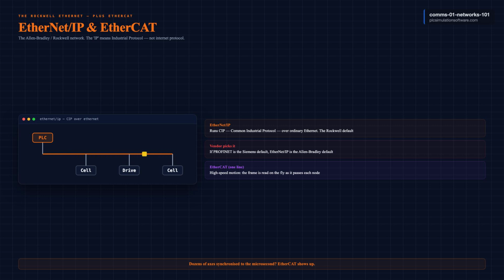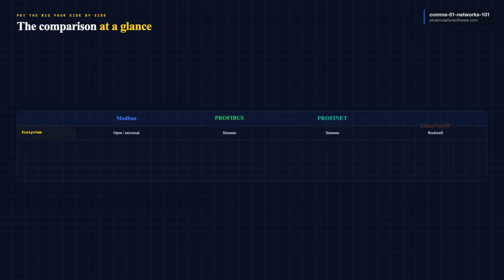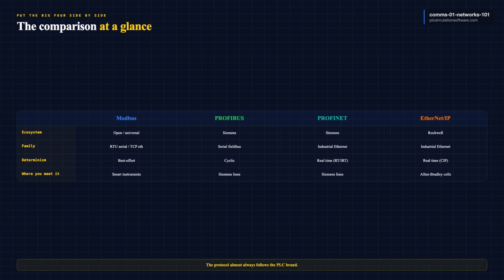Let's put the big four side by side. By vendor ecosystem, Modbus is open and universal. PROFIBUS and PROFINET are the Siemens world. EtherNet/IP is the Rockwell world. By family, Modbus RTU and PROFIBUS are serial fieldbus. Modbus TCP, PROFINET, and EtherNet/IP are industrial Ethernet.